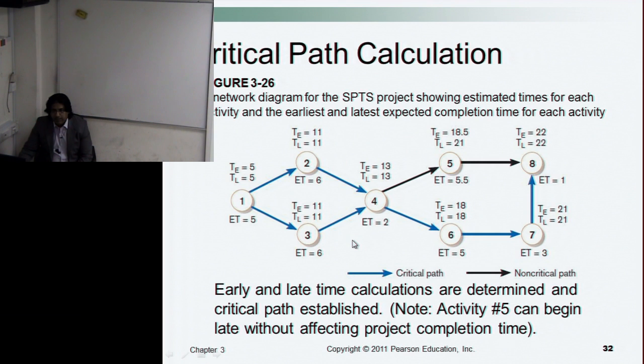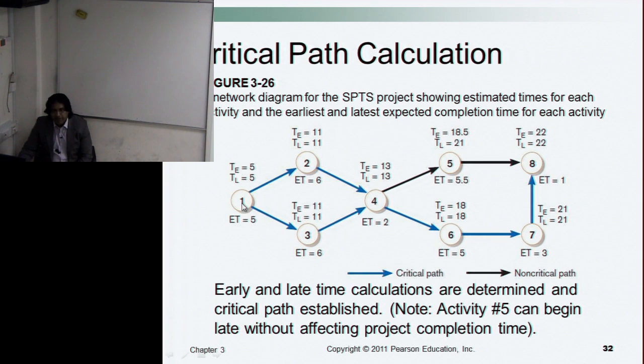Now, other than expected times, we have to calculate 2 other different times. One of them is earliest time. Now, forget about the latest time at this moment. First we will calculate earliest time.